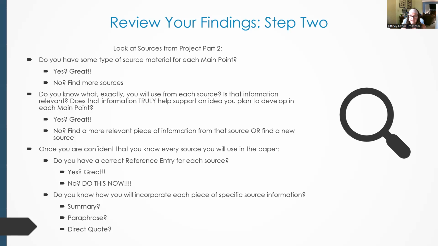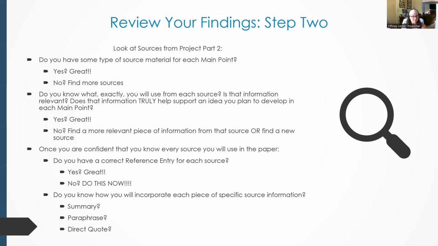So journal articles, a credible website, interviews that you have done, like discussions that you've had with your coworkers or your superiors or your classmates, right? I don't mean to say that every single main point has to have a traditional academic source, but there has to be something that you're using within each main point that is more than just your own ideas.